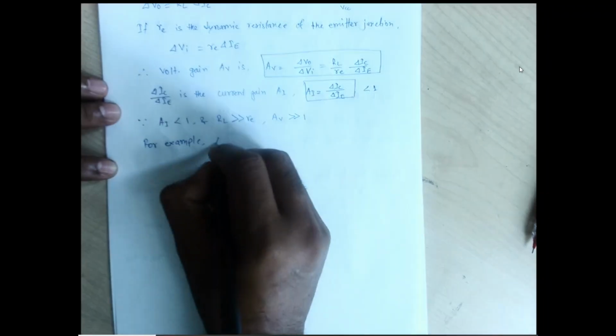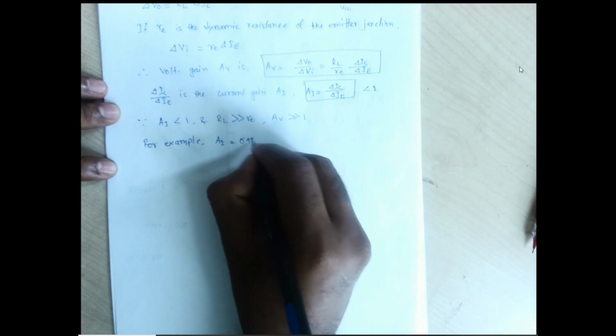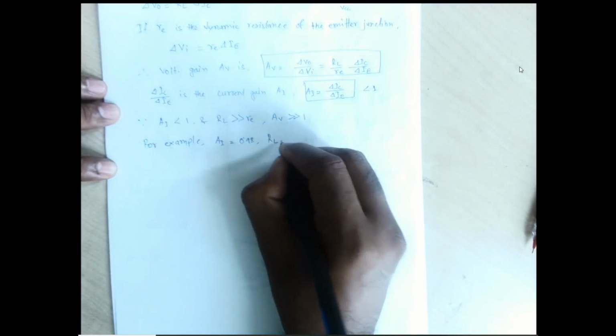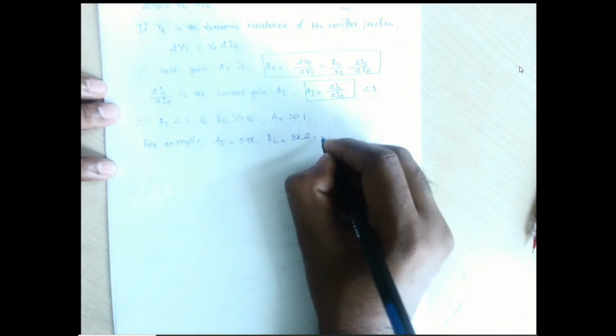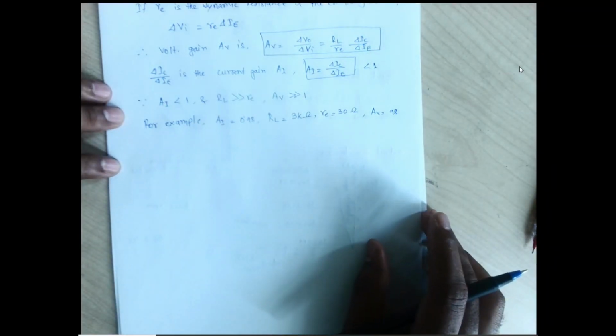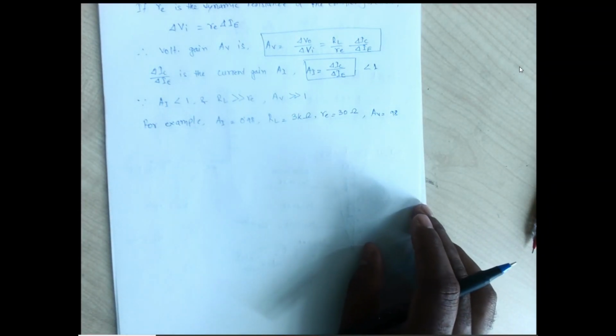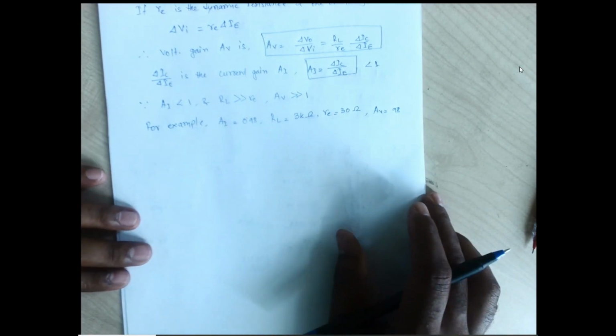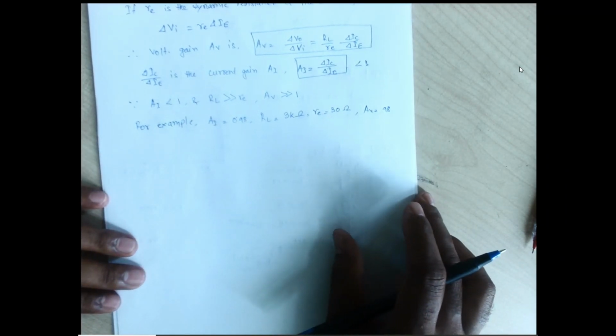If we consider AI slightly less than unity, that is 0.98, and RL quite higher than Re, say 3 kilo ohm and Re is 30 ohm, our AV will be 98. So it is quite higher than 1. So though the current amplification is less than 1, the voltage amplification is quite high. That is what amplification is all about in this circuit.